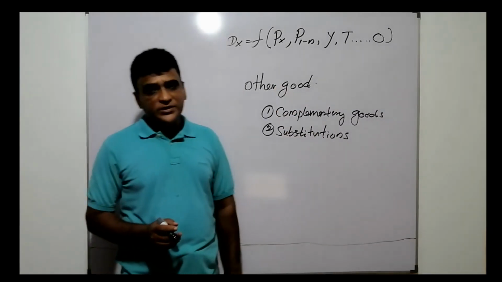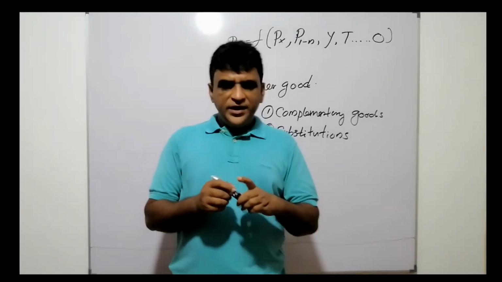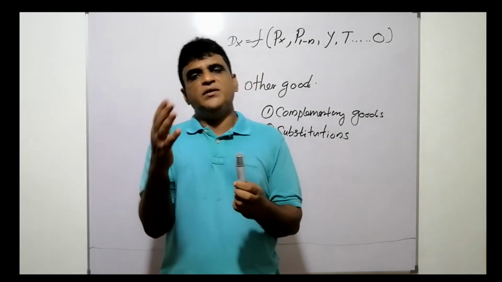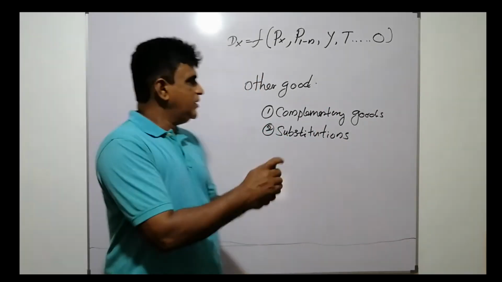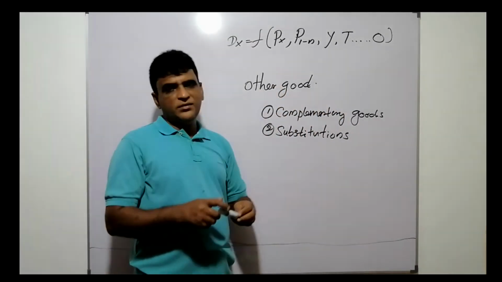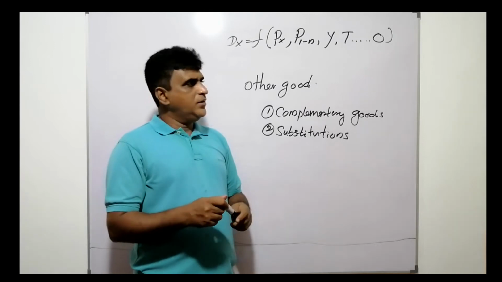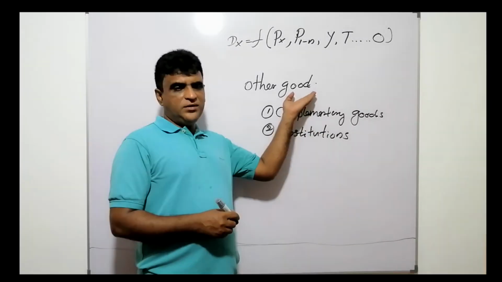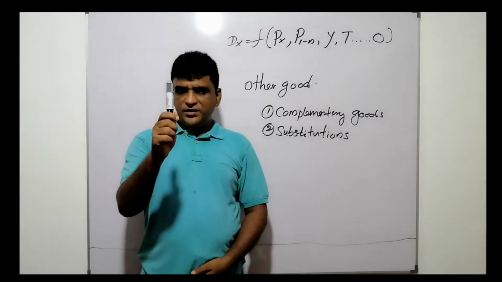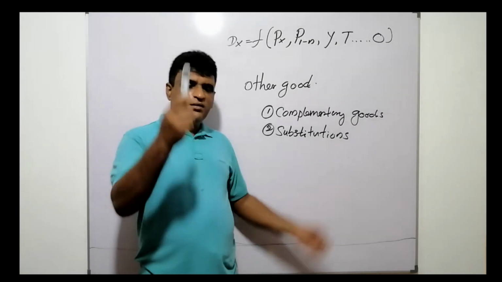And complementary goods: definitely you have to use one product with another. The best example is this whiteboard and this pen. If I have only the whiteboard, that is useless. Why? I need this pen.